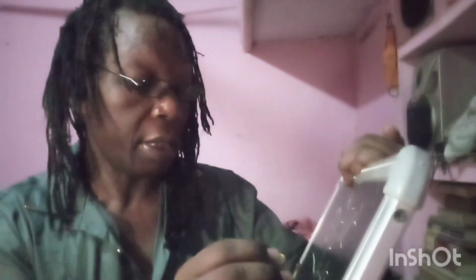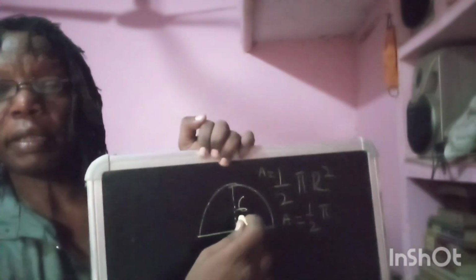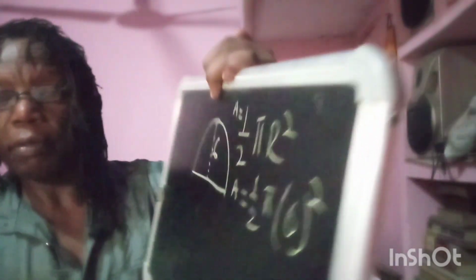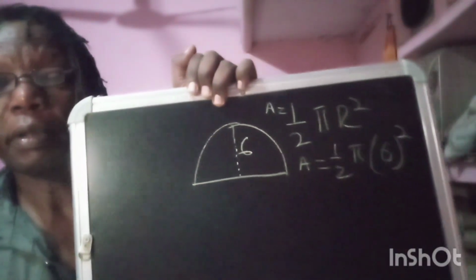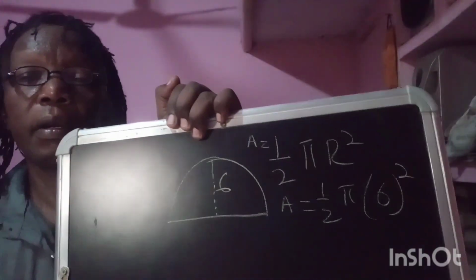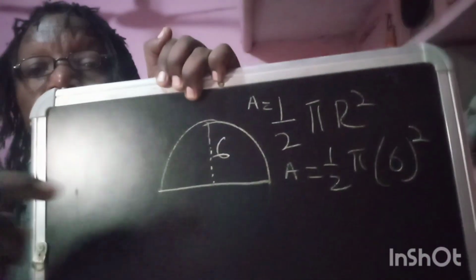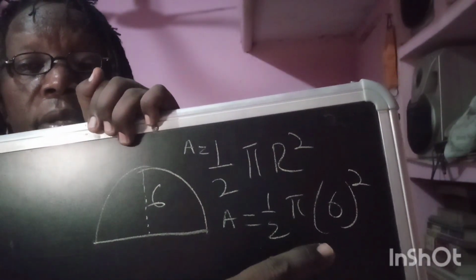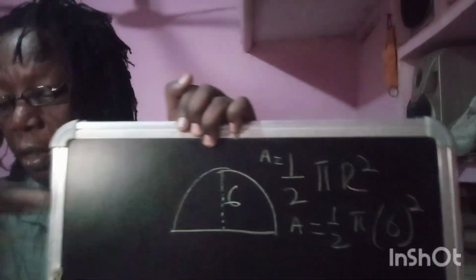In this case, this is the radius, which is 6, so I'm going to square it according to this formula: half pi 6 squared. You can see it's 6 squared there. Area is equal to half pi 6 squared.